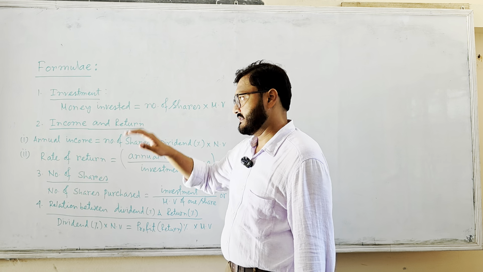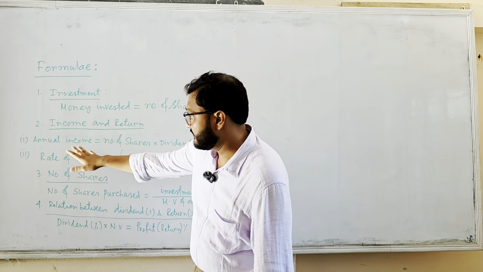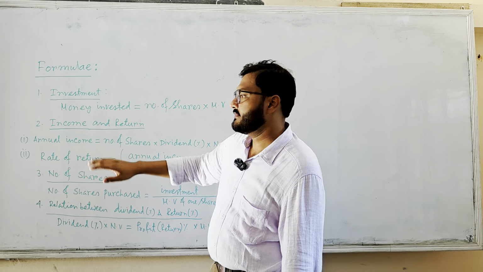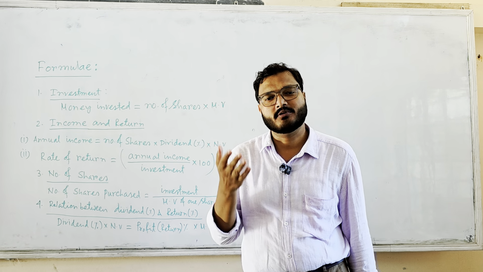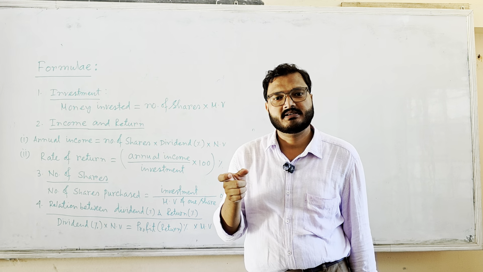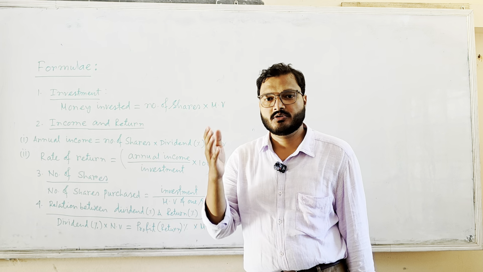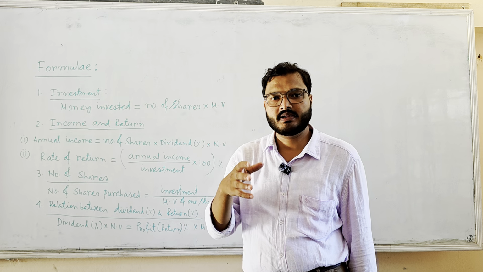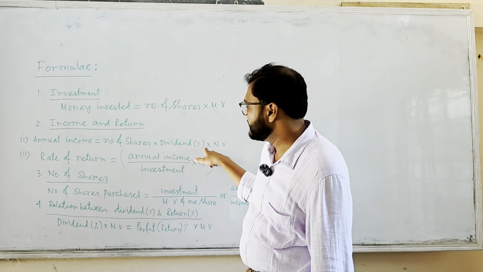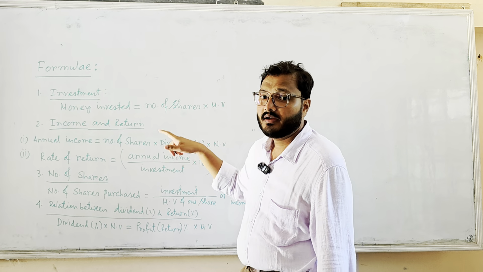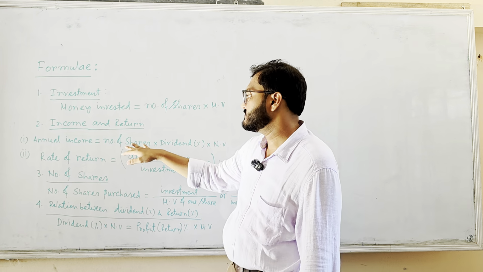Now income and return. What is income and return percentage? First, annual income. Income or return means the dividend percentage into the nominal value. On the nominal value, the company gives us dividend. So dividend percentage into nominal value. This is for 1 share. If you purchase, let's say, 1,000 shares, then into thousands.